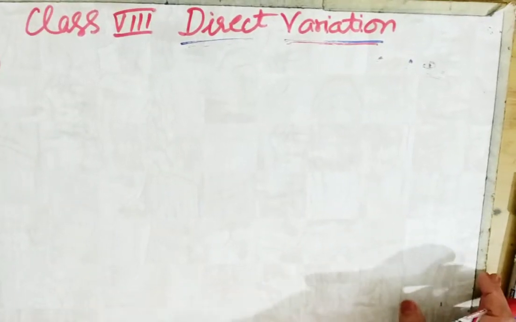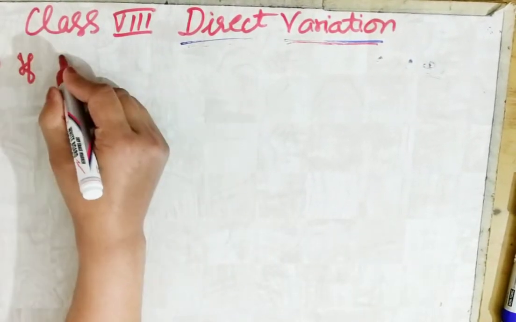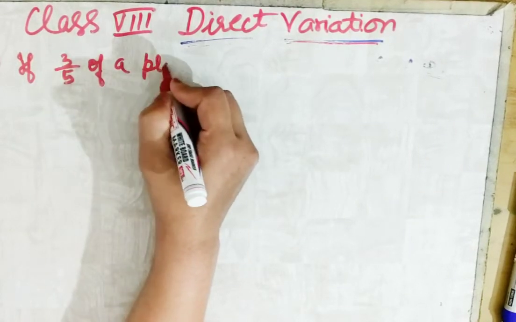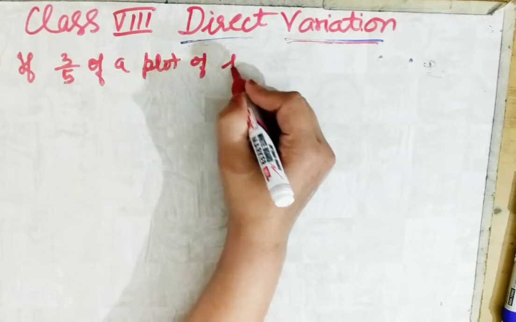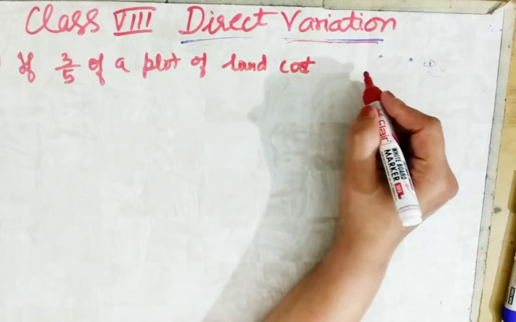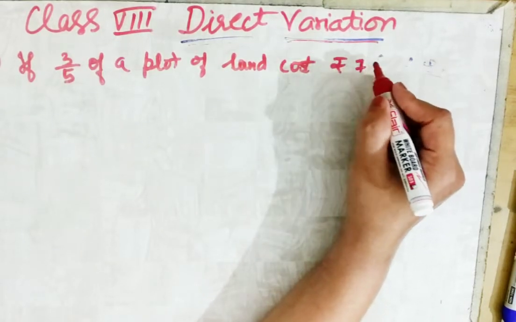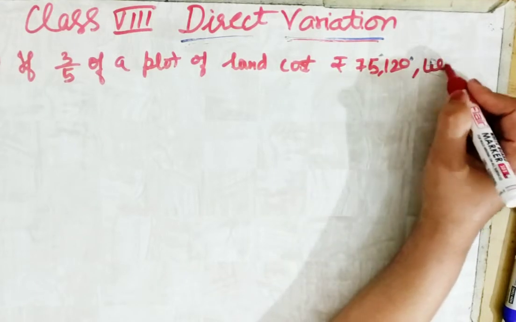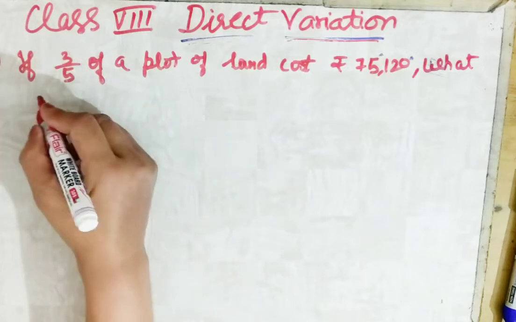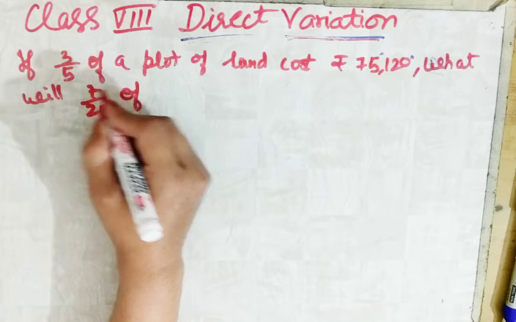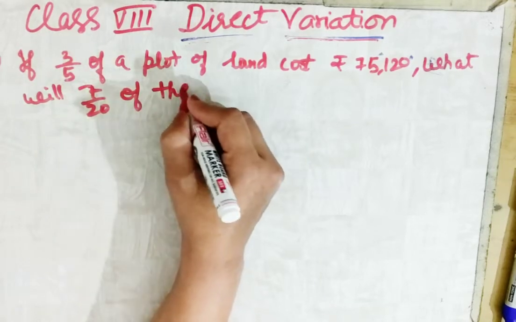If 3 upon 5 of a plot of land costs rupees 75,120, now you have to find out what 7 upon 20 of the plot will cost.